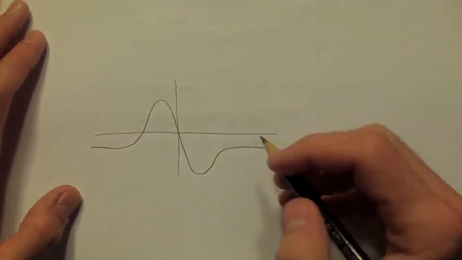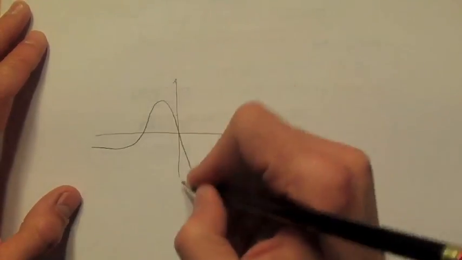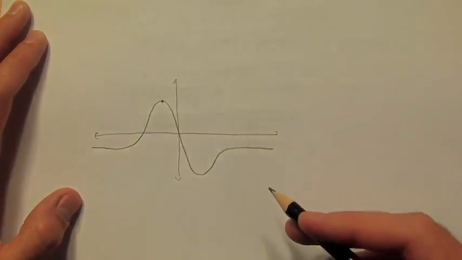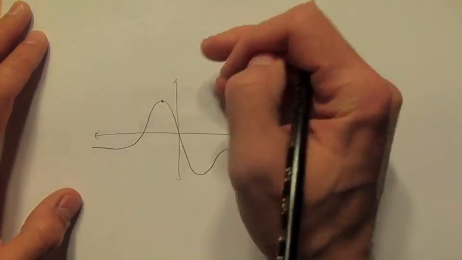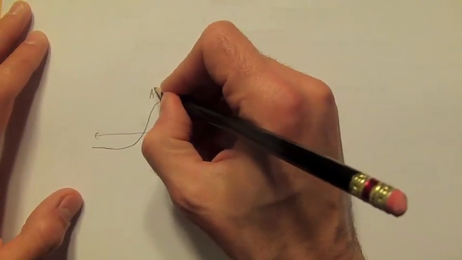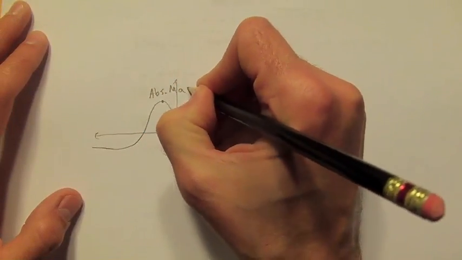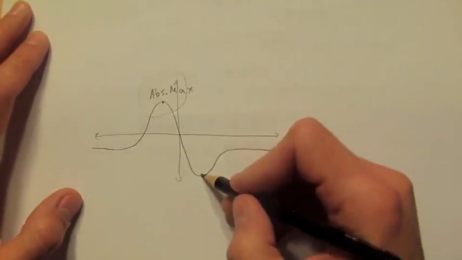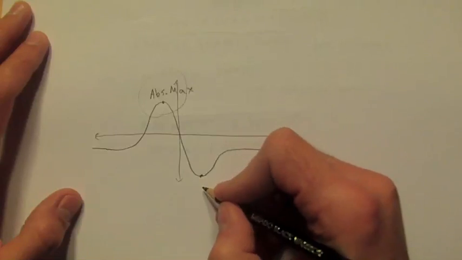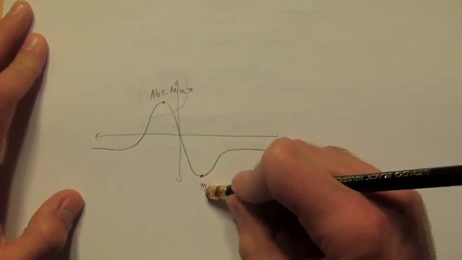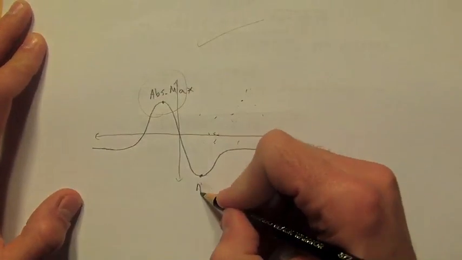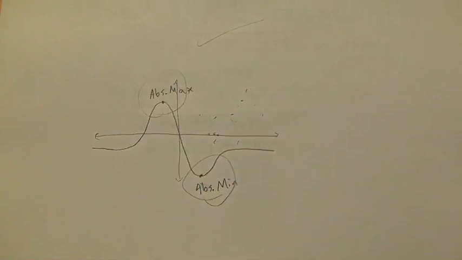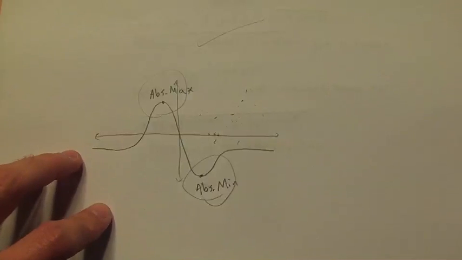All right, if we check out this graph here, here's the axis. And this point, that's of what I see of the graph, is the highest point of the entire graph, so it's an absolute max, and which also makes it just a max. And here is the absolute min, right? Because there's the lowest point of the graph overall.